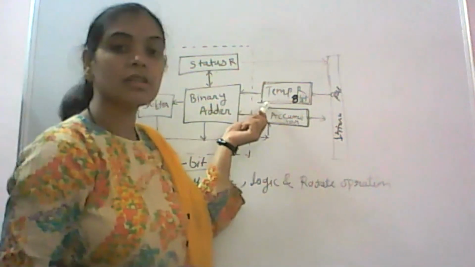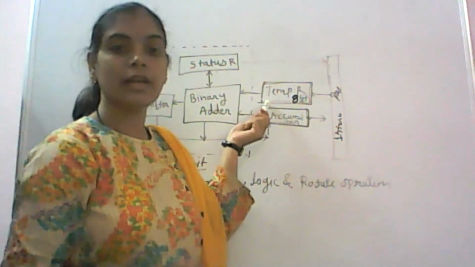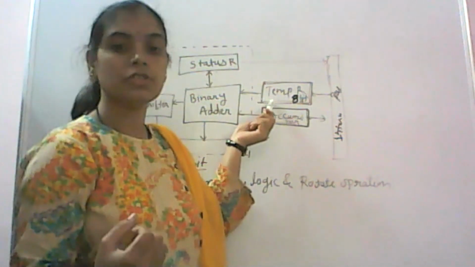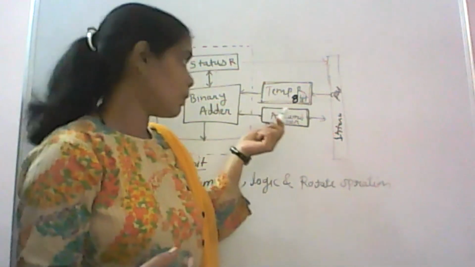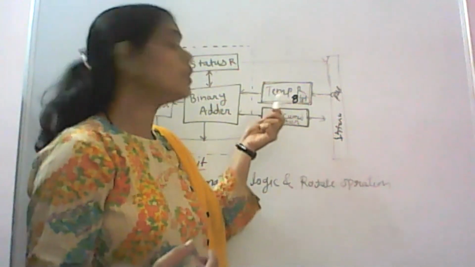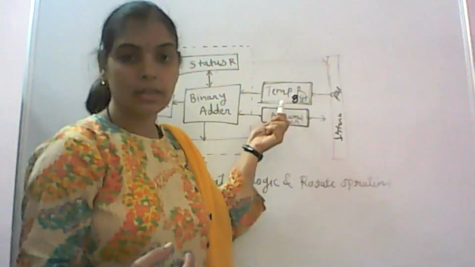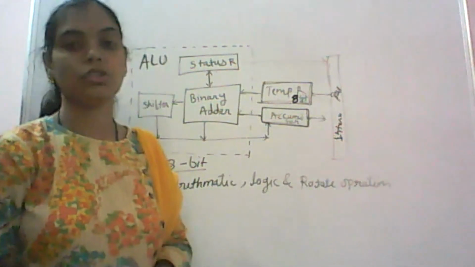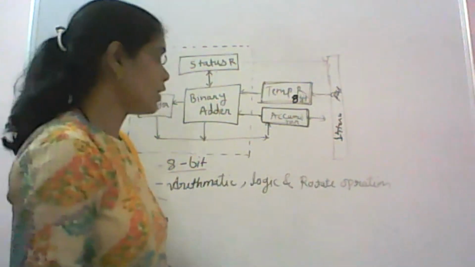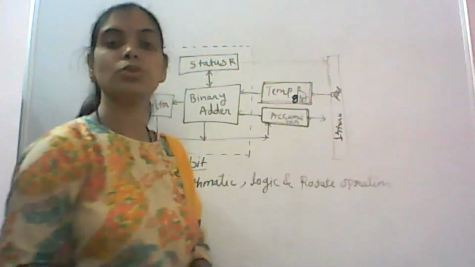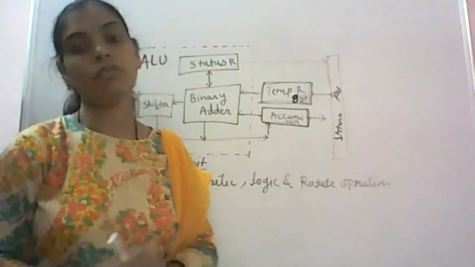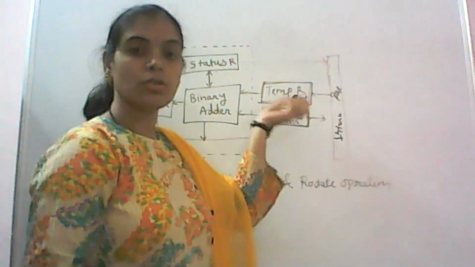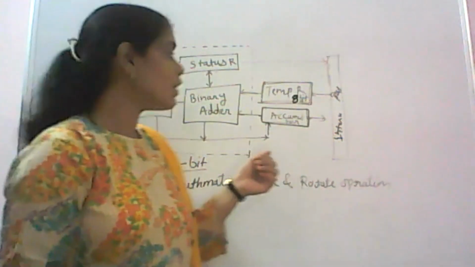So this temporary register holds one of the data, from memory or a general purpose register, during an arithmetic and logical operation. Simply you can say the temporary register stores temporary data at the time of execution.